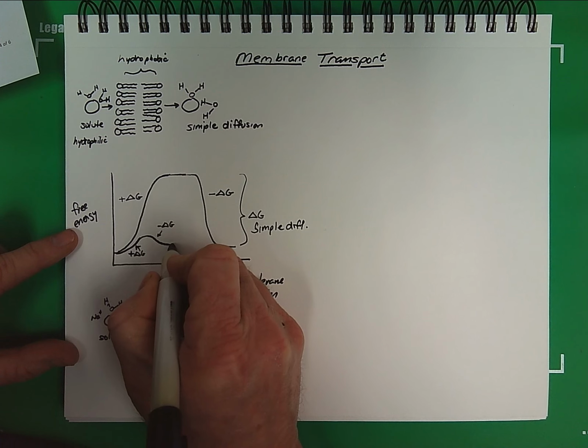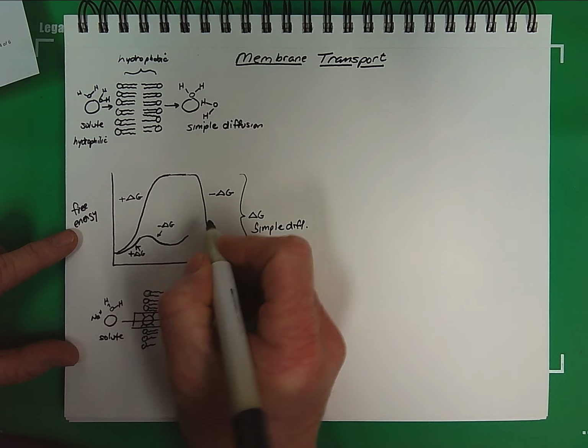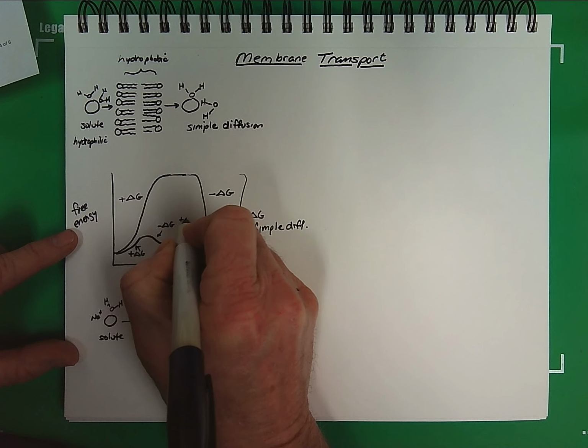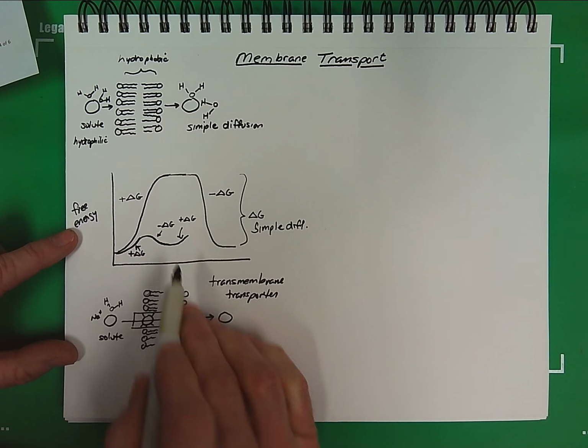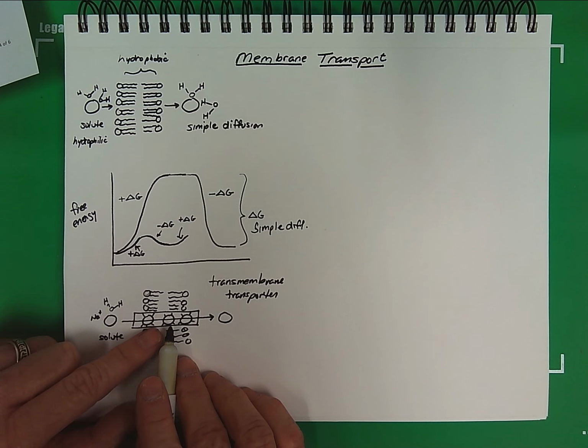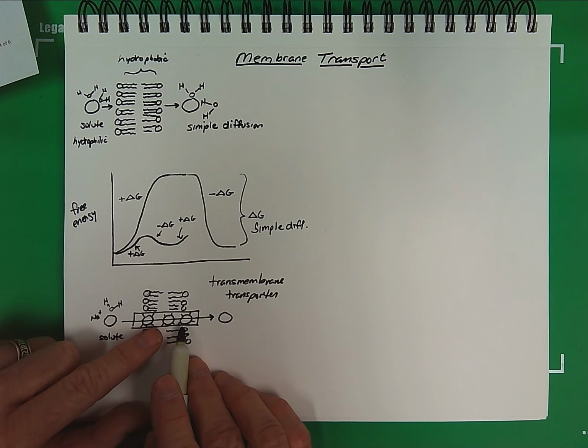The next step is going to be a slight increase in delta G, and this is the energy required to release the bonds between the solute and the transporter.